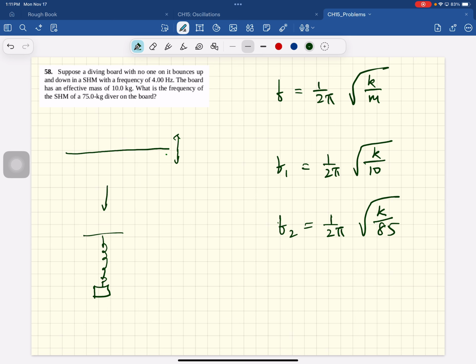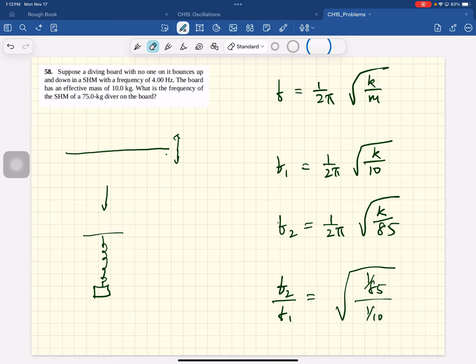All right, so we know this frequency is 4 hertz. So F2 over F1 is, everything else canceled. Okay.